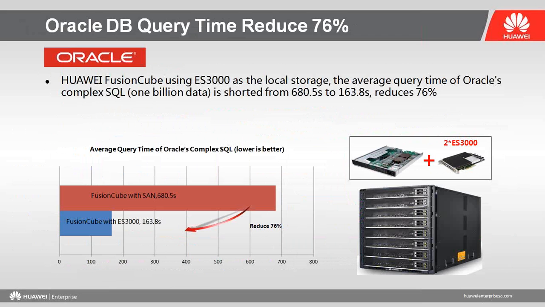But what does this actually mean for applications? Here is a situation where, on our converged infrastructure, the E9000 with the ES3000 as the local storage for an Oracle complex SQL query on 1 billion rows of data, we improved the performance time by 76%.